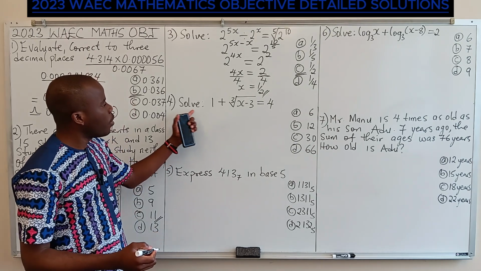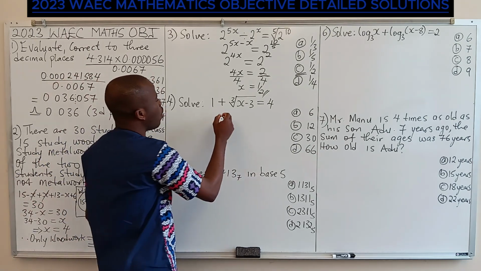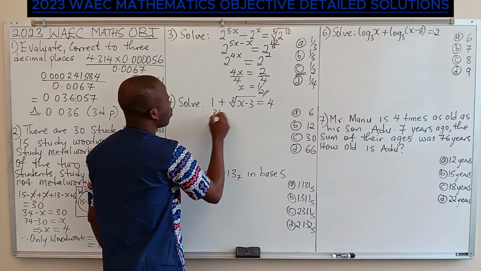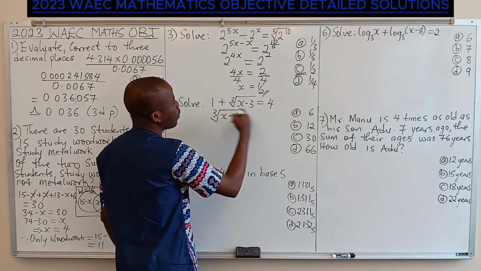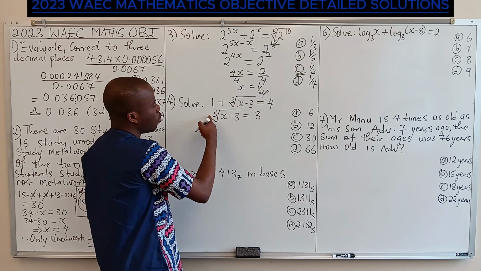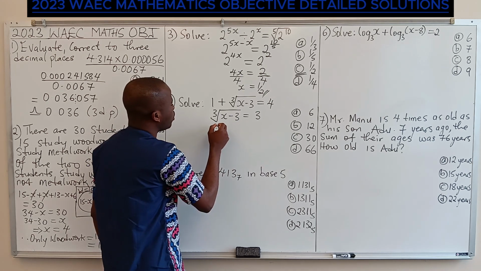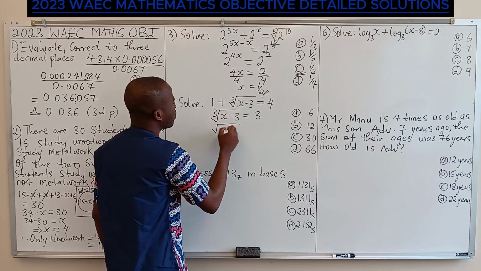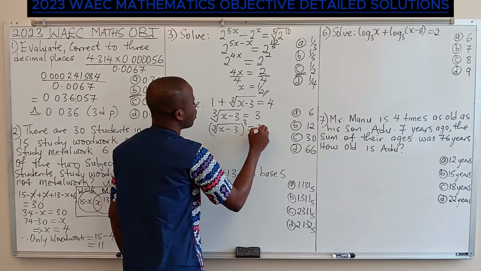For the fourth problem, what we have to do here is subtract 1 from both sides. We'll have cube root of x minus 3 equals 4 minus 1, which is 3. The next thing we'd like to do is to take the cube of both sides, which is 3 cubed.